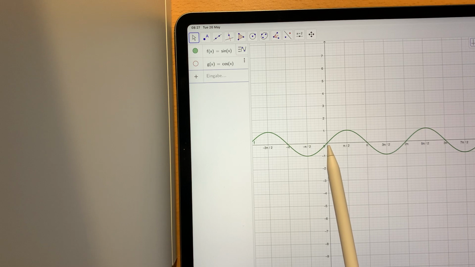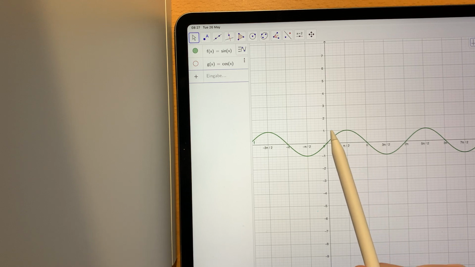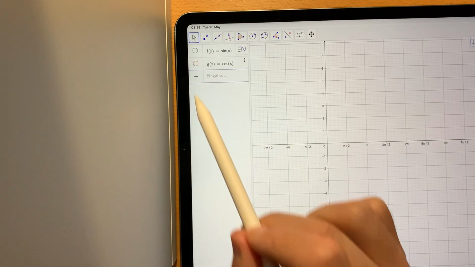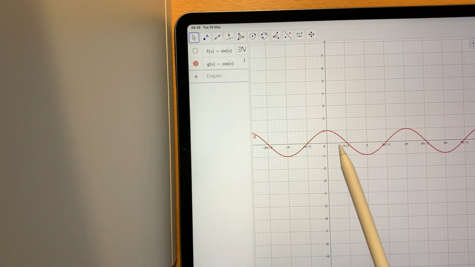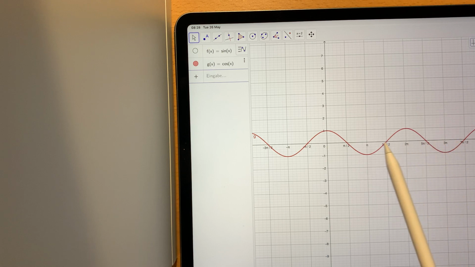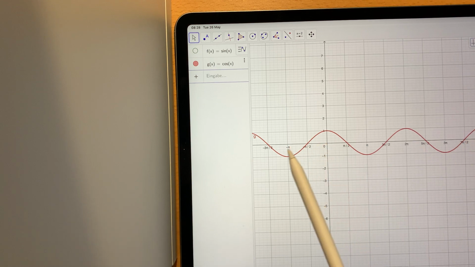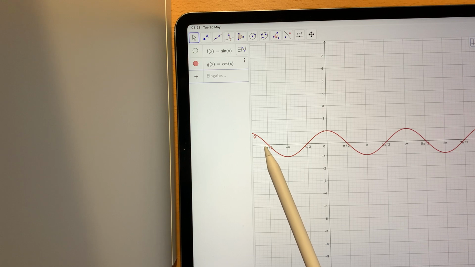So this is in fact the arc length. The x-axis is the arc length, and the y-axis is the sine value here. Or in this case, this is the arc length on the unit circle. Whether you go to the right, the positive direction, or to the left, that would be a negative rotation, which would be clockwise.